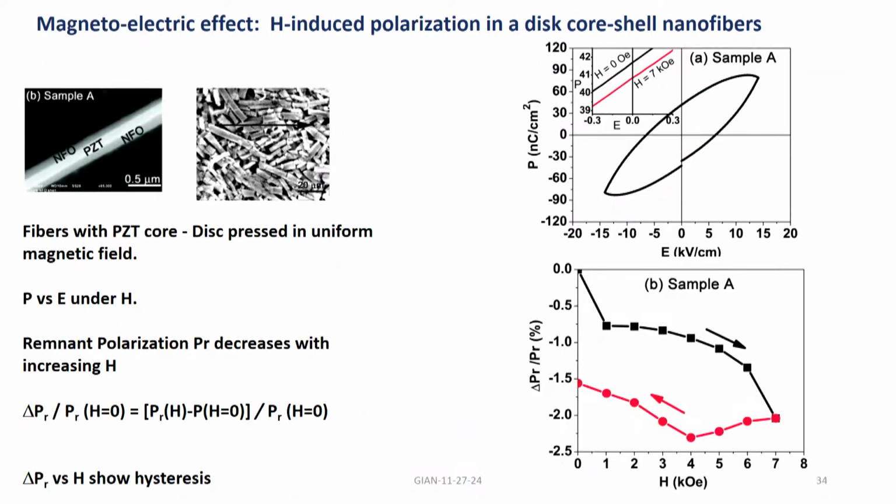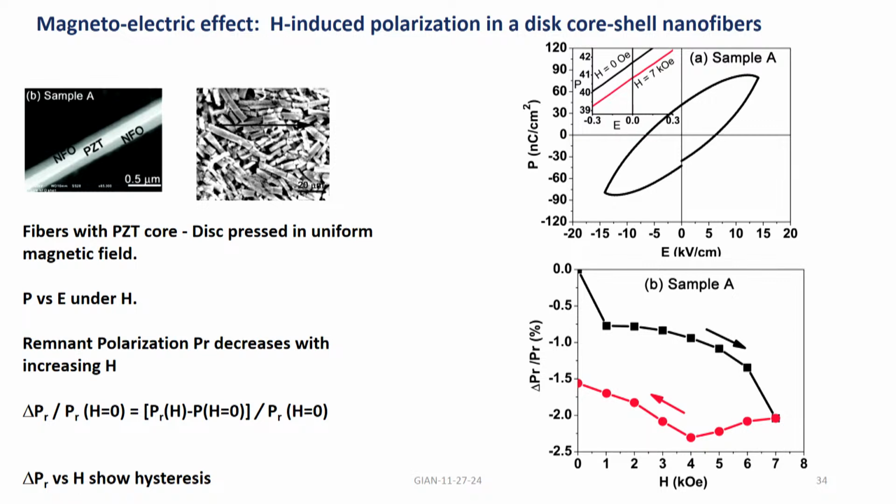All right, what I am showing here is, for a disk of these fibers, we did polarization versus electric field with and without a magnetic field. The inset here shows P versus E for H equal to 0 and 7 kOe. As you see here, when we applied a magnetic field, there is a decrease in the remnant polarization.